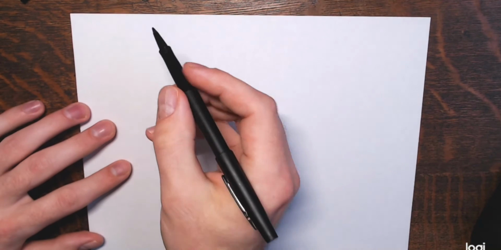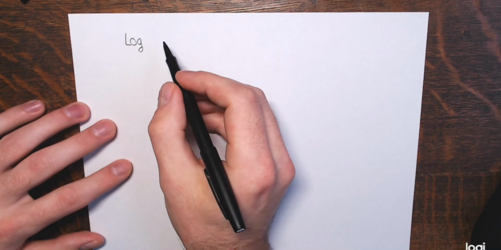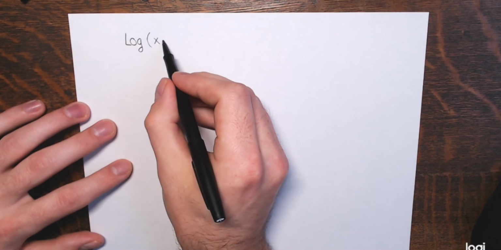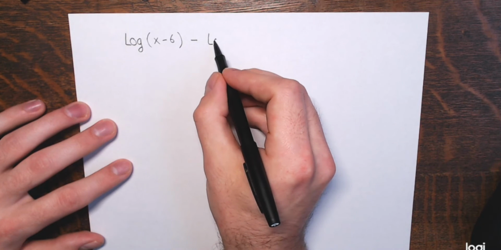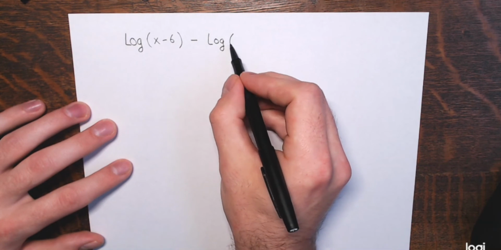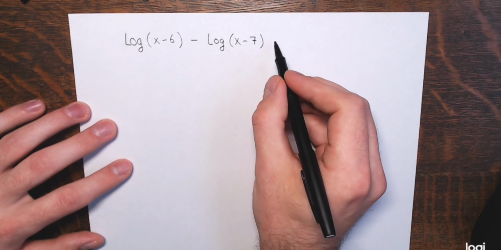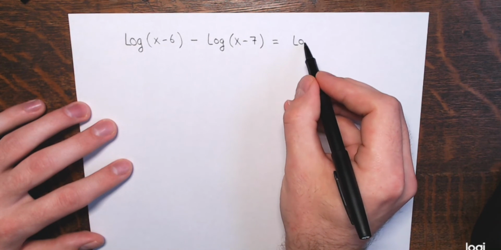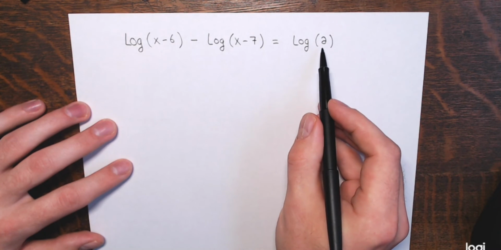On the left side I have the difference of two logs. It's log base 10 of x minus 6 minus the log base 10 of x minus 7 equals the log of 2.